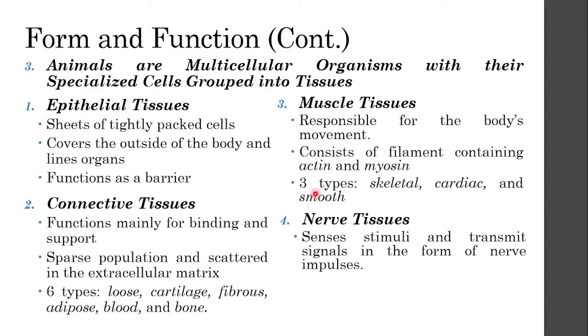Then our brain transfers it from our central nervous system to our peripheral nervous system in order for us to be able to move and respond via our muscle tissues and connective tissues. So nerve tissues are necessary, because without them, we wouldn't be able to understand a lot of the things that are happening in our surroundings.